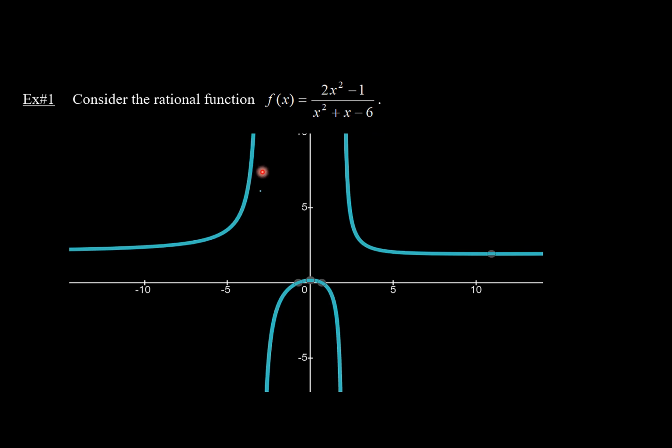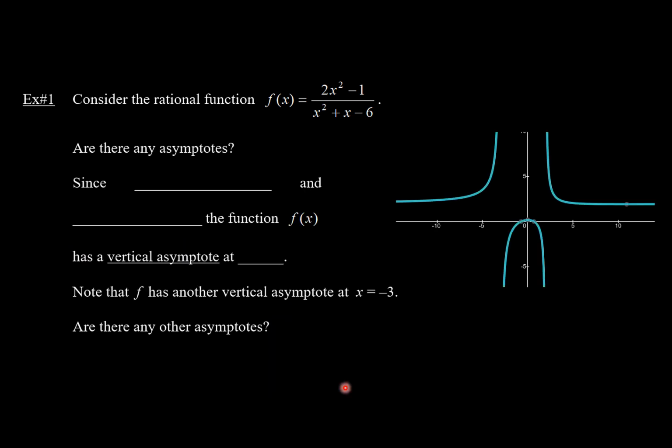And if you notice by looking at the graph, you see a vertical asymptote here and another vertical asymptote here. And so we can see that, yes, there are definitely some asymptotes.